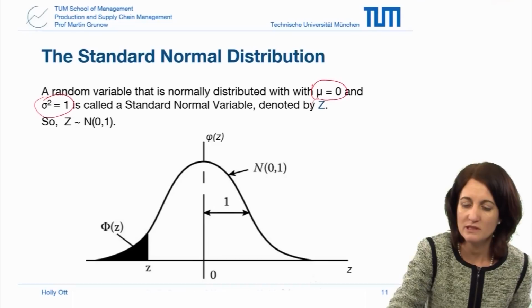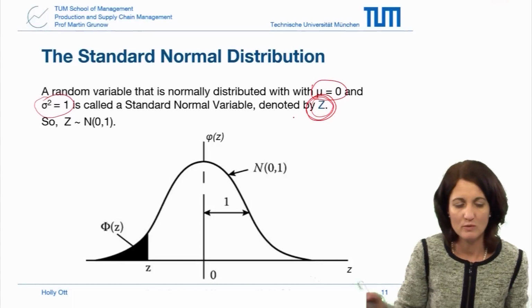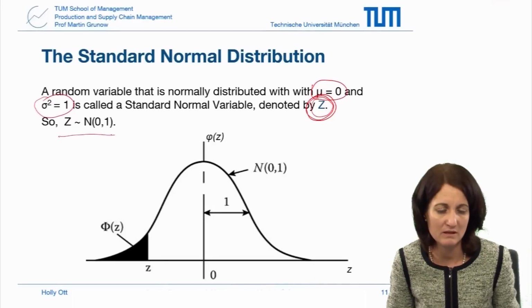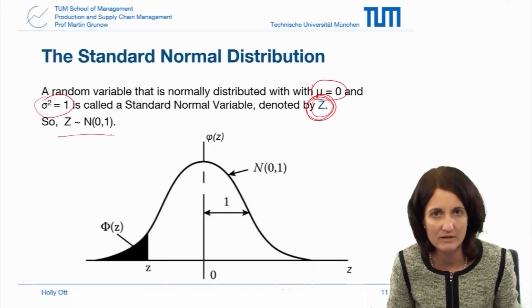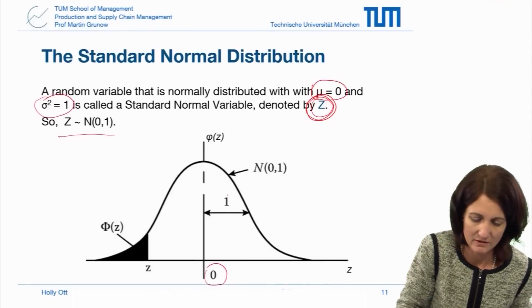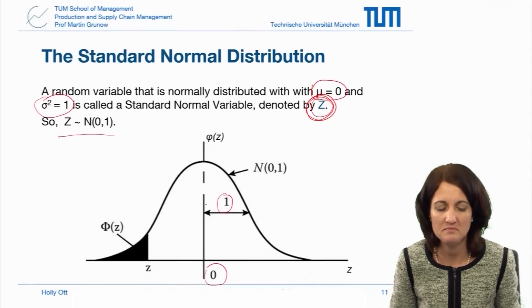And it's denoted, especially for this case, not by x, but by the letter z. So we can write z is normally distributed with the mean of 0 and a variance equal to standard deviation equals 1. So here we have the picture. Mean of 0, standard deviation of 1.